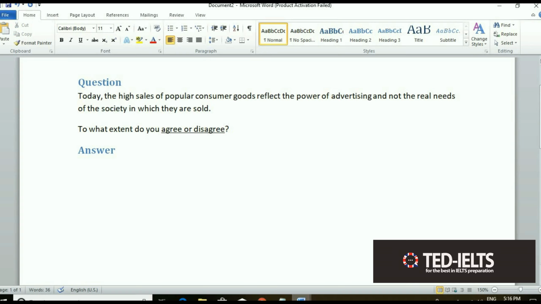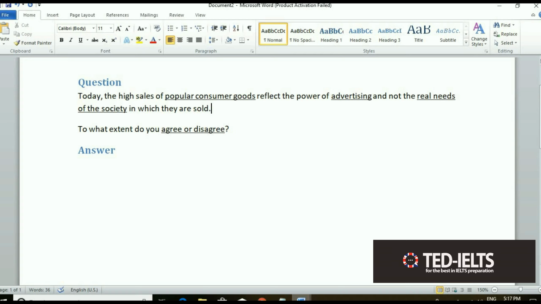Let's look for some keywords, though, that can give us more information about it. So for me, the phrase popular consumer goods and advertising and the real needs of society, or the society in which they're sold. These are the important things.